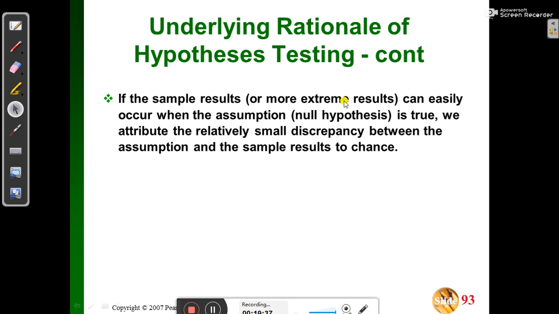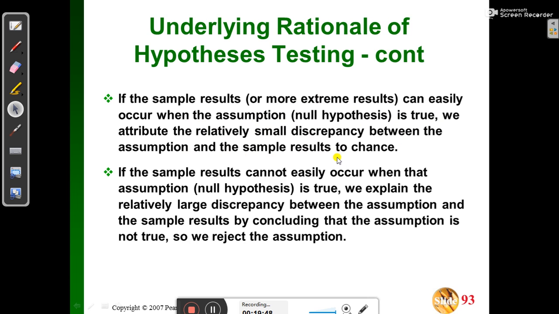If the sample results can easily occur when the assumption is true, we attribute the relatively small discrepancy between the assumption and the sample results to chance. If the sample results cannot easily occur when that assumption is true, we explain the relatively large discrepancy by concluding that the assumption is not true, so we reject the assumption. That means we reject the null hypothesis.